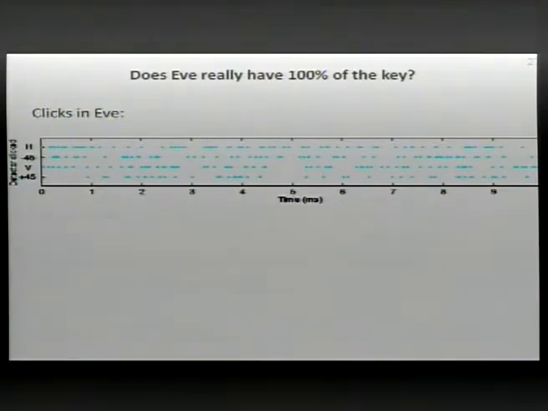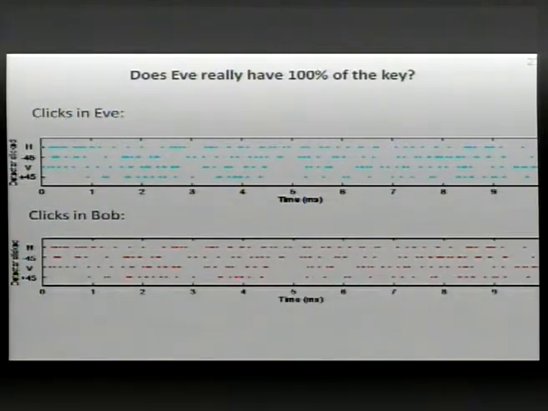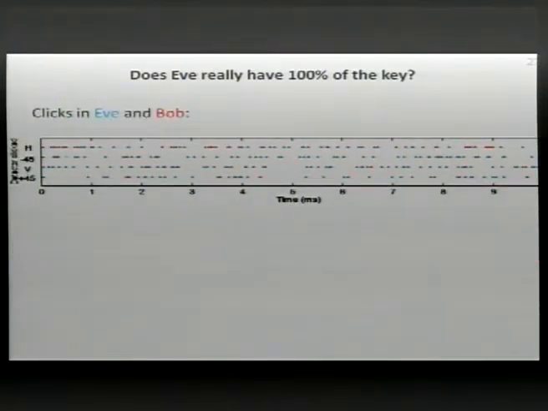So we compare it with the clicks in Bob in the same time period. To me, this looks quite correlated. And if we superpose them together, we can see that every blue dot is overlapped by the red dots.